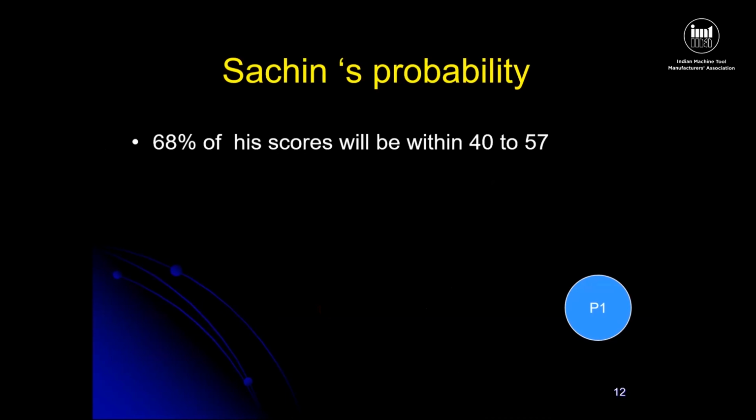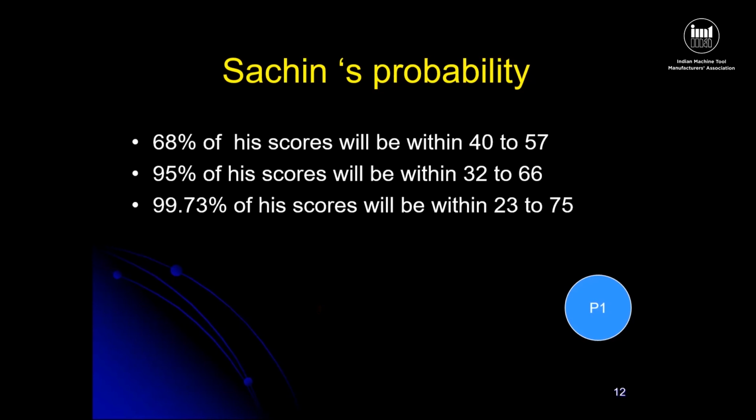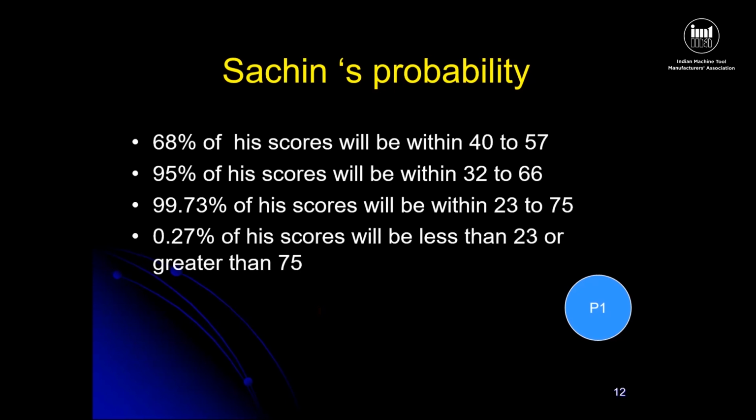In such a situation, 68% of the time his score would be between 40 and 57. 95% of the time he is likely to score today between 32 and 66. 99.73% of the time he is likely to score between 23 and 75. But there is a 0.27% chance that he will score less than 23 or greater than 75.